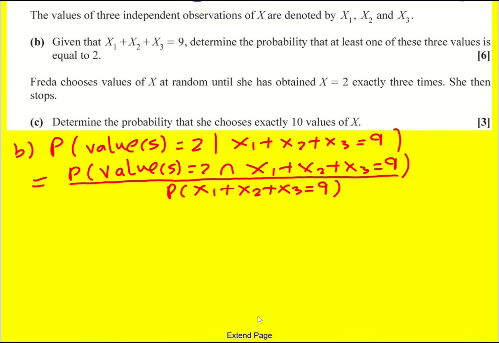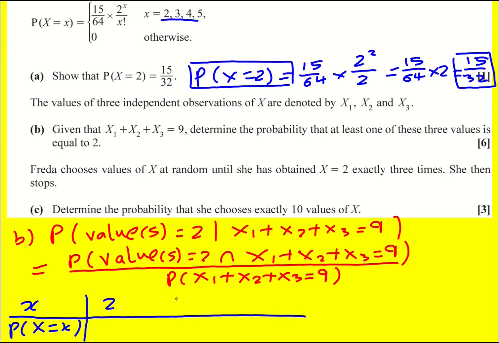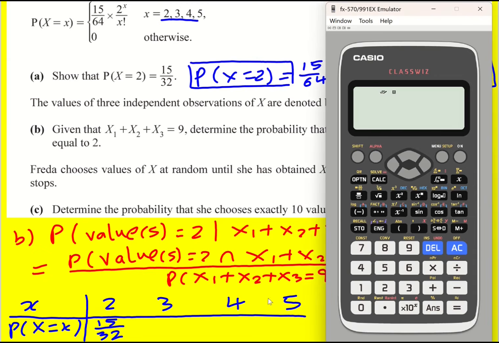All right, the first thing to do is write this distribution down in a table. So we've either got 2, 3, 4, or 5. We've just worked out the 15 over 32 for 2, and you can continue to substitute in for the rest. I'll just do the first one and quote the rest.